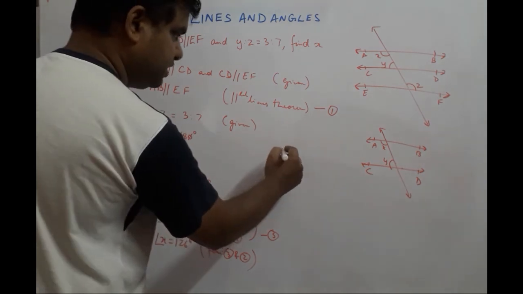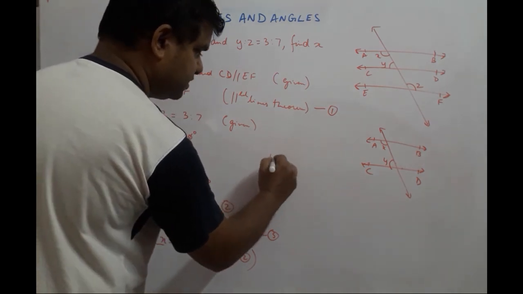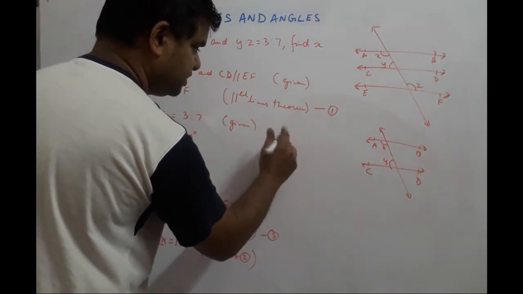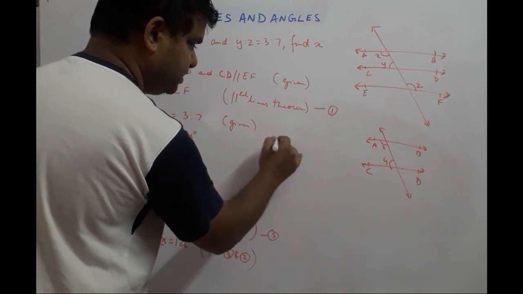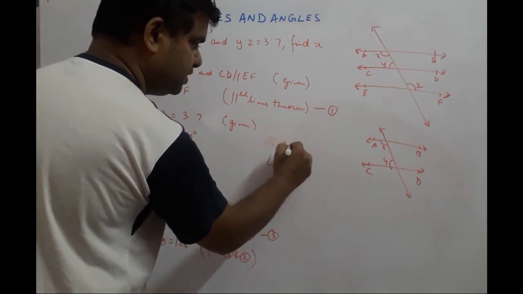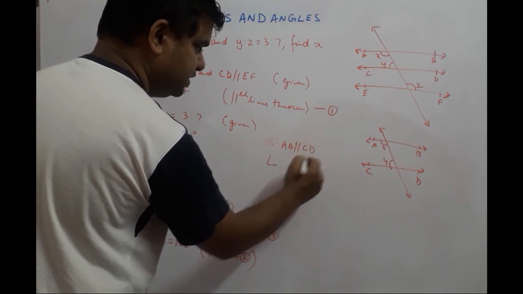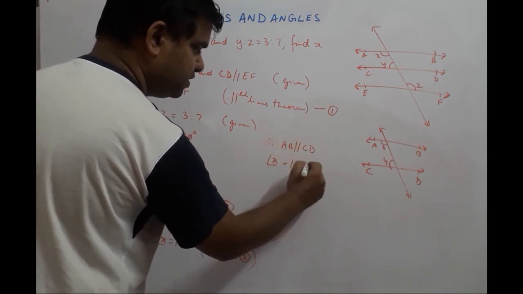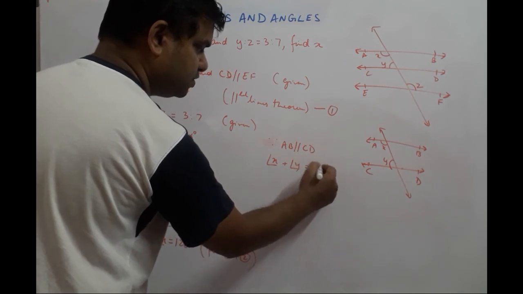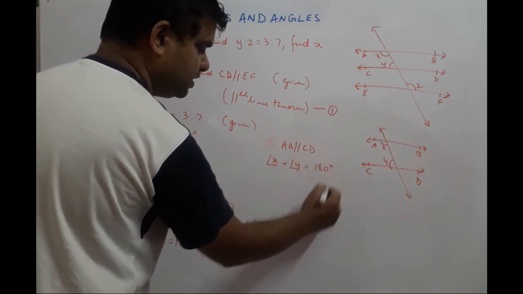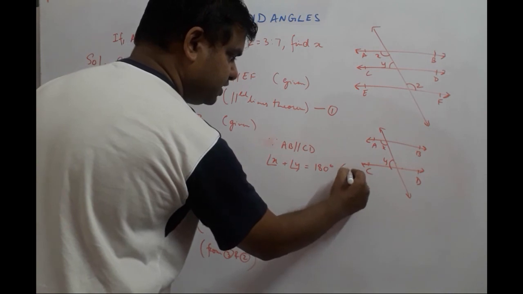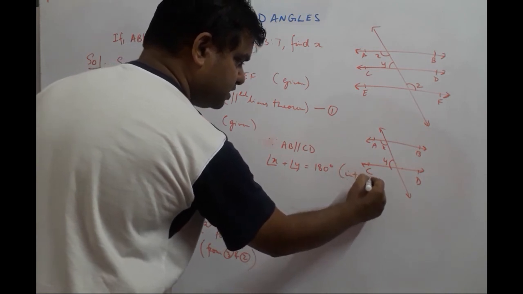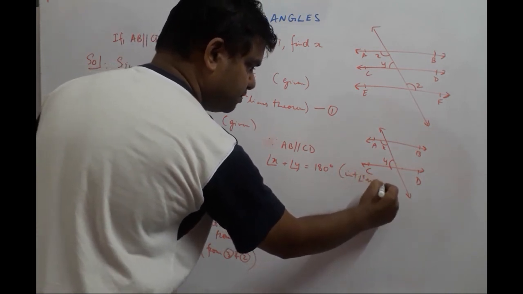So since AB is parallel to CD, you can say angle x plus angle y is equal to 180 degrees. So interior angles are supplementary.